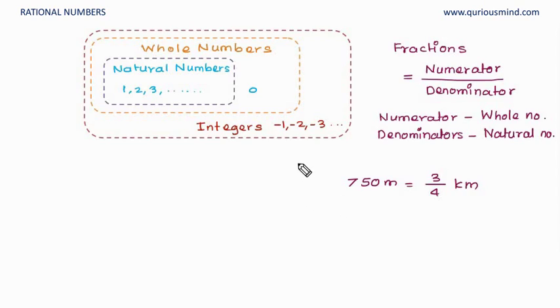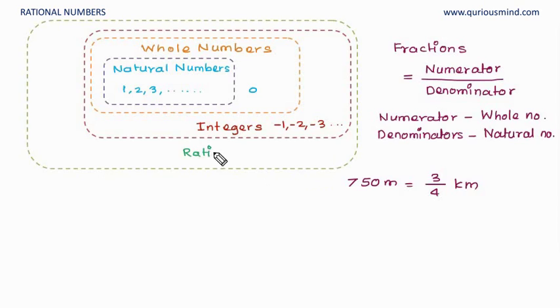And to ensure that we add even those kind of numbers to our numbering system, we introduced a new number system called rational numbers. And they consisted of all positive and negative fractional numbers.